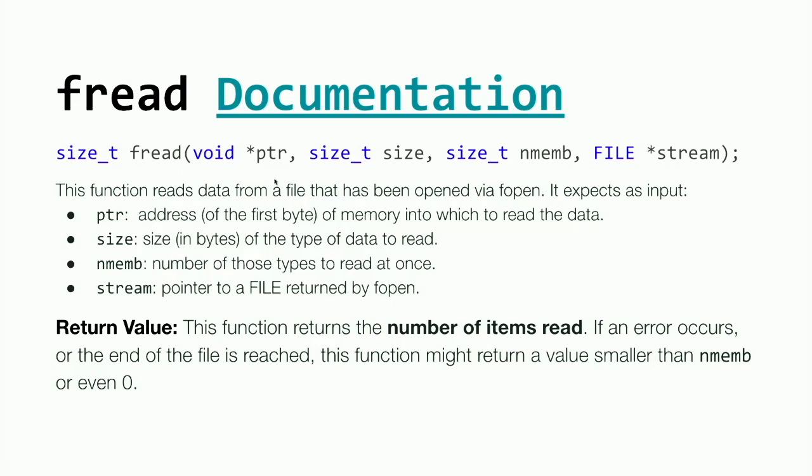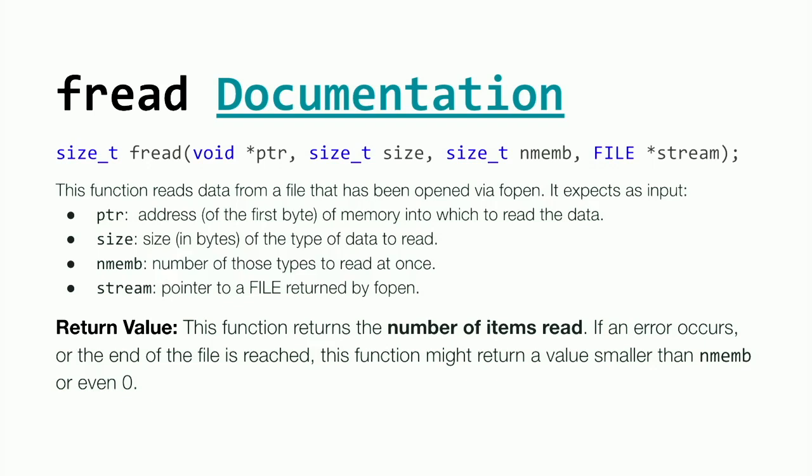The first thing is a pointer, the address of the first byte of memory into which to read the data. So it's some address of a byte of memory, and that's where we're saying, okay, you're going to be reading from something, you should read it into this piece of memory.